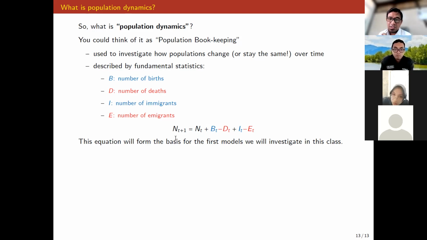For example, t can be days, months, or years. And then we have to add the number of births, minus the number of deaths, plus the number of immigrants, and minus the number of emigrants. So this is just a simple equation.